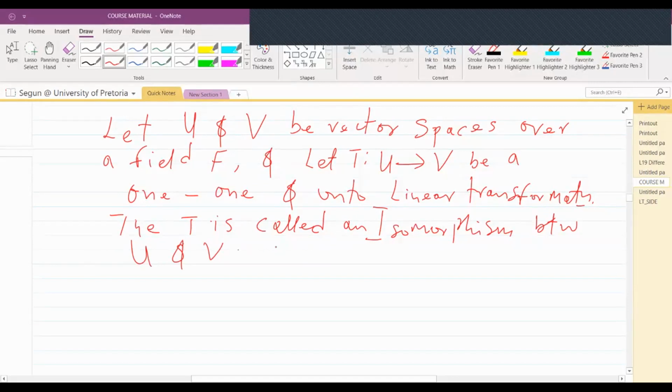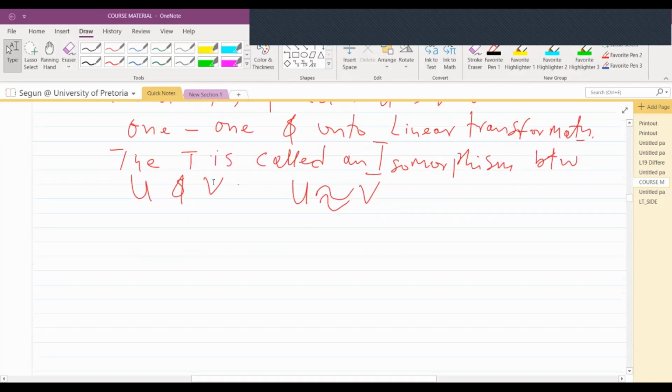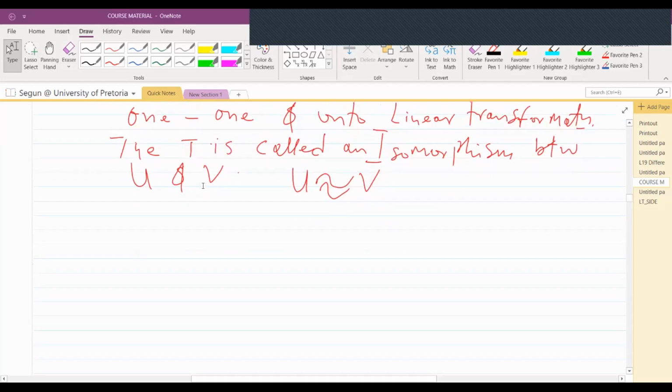So in this case now, we usually represent the isomorphic vector spaces in this way, by saying U approximately, you remember this sign, U isomorphic V. So we normally do that. But let me give an example here. When we said one-to-one, I gave that example in the video.